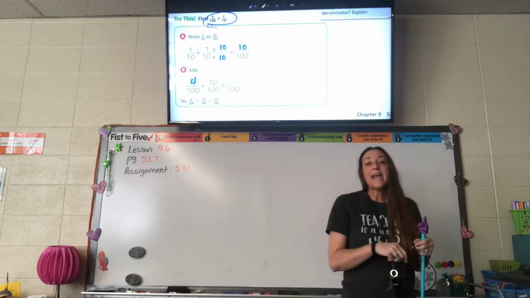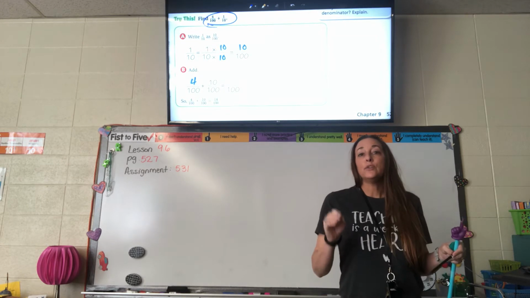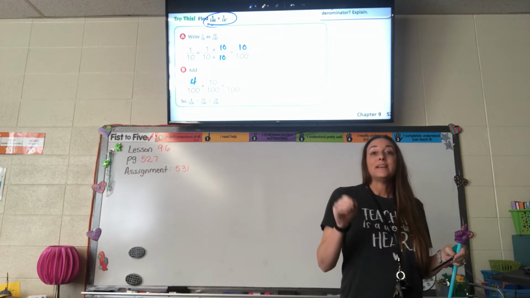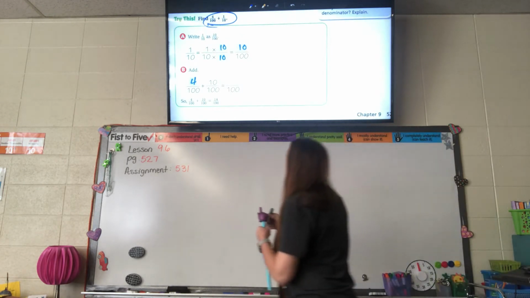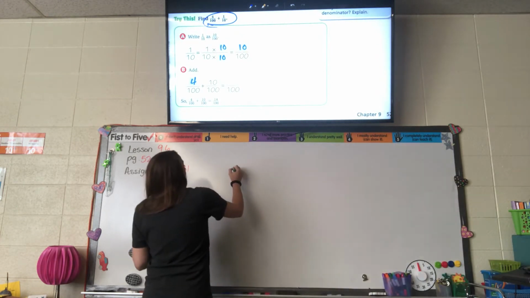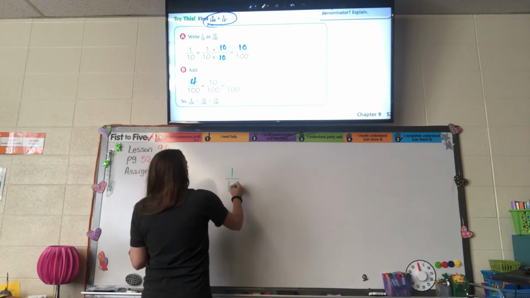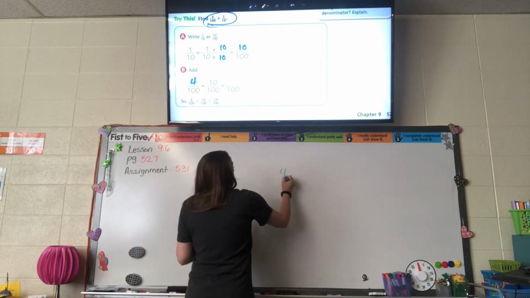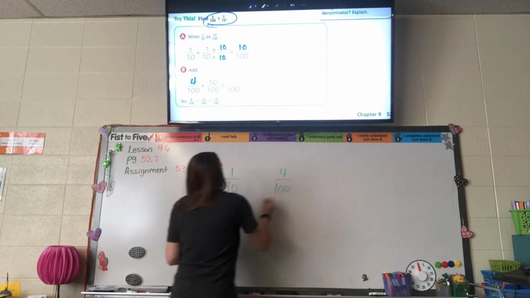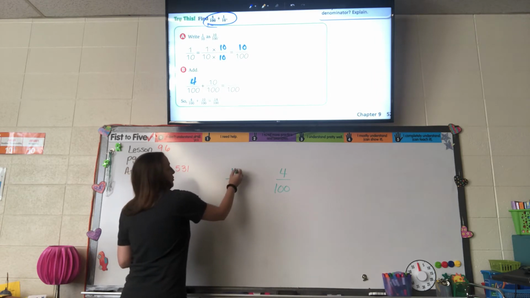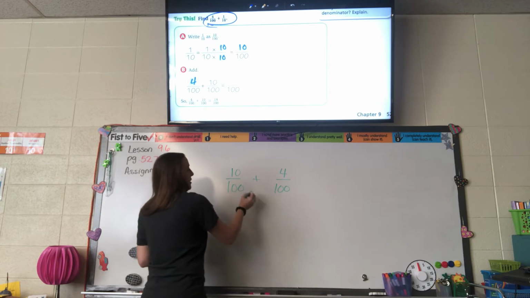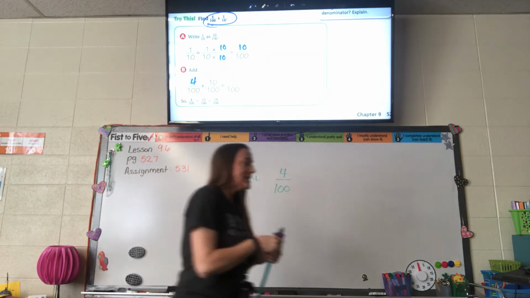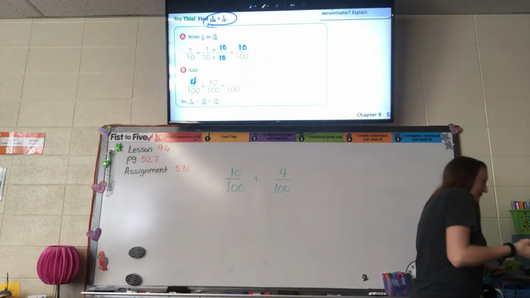We don't add a 0 to that 4 because it already has a denominator of 100. So the only fraction that we needed to change is the one that has the denominator of 10. We turn that into 10 hundredths, and then we've got a common denominator and can add. 10 plus 4 is 14.